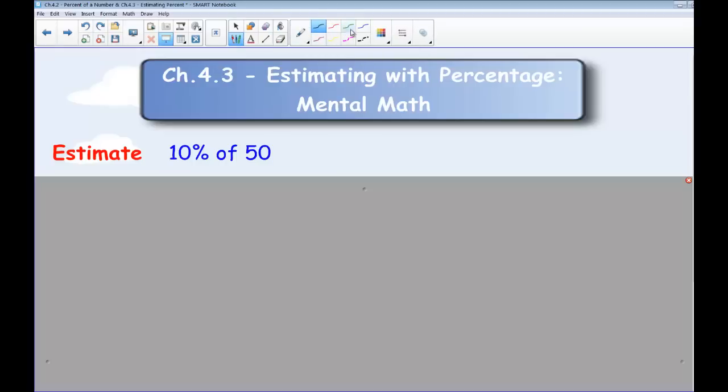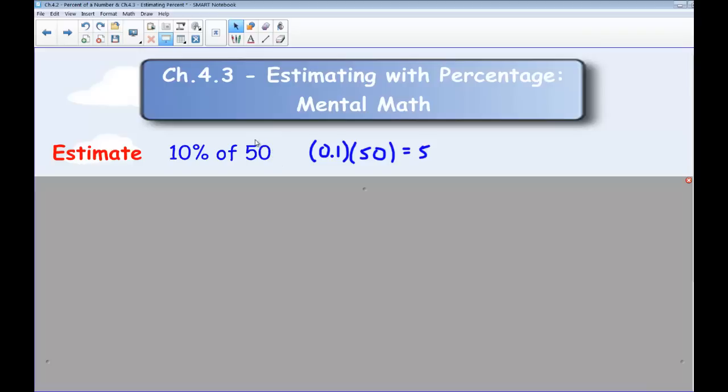If we took 10% and in our heads we thought 10% is 0.1 and we multiplied that by 50, it will work out to be 5. Now, really simply though, instead of having to do that calculation out by hand or using a calculator, all you really have to do is think like this.